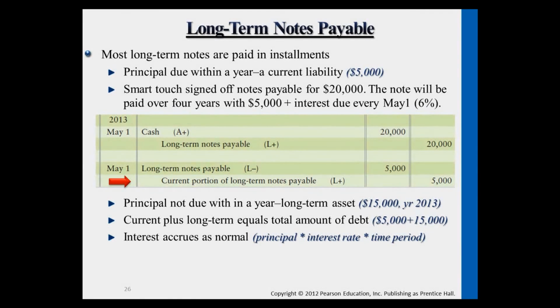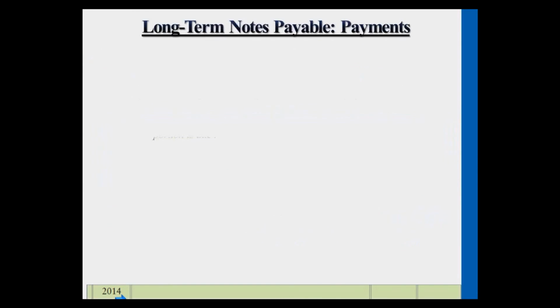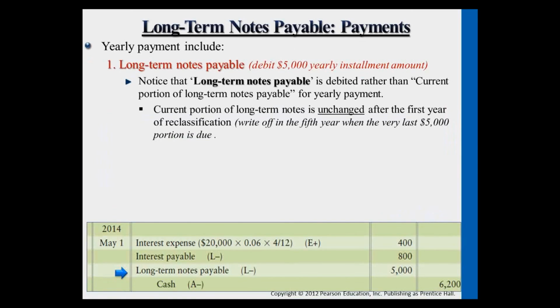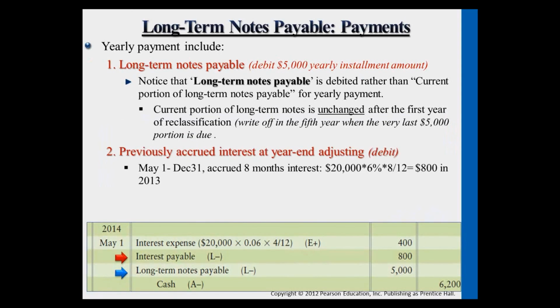When it comes to this year end, we also need to accrue the interest on this note, which is the 8 months of interest, applying 6% yearly interest rate, multiply 8 months over 12. Okay, so the journal entry that we're recording here is $800. All right, assuming that you already know this from Chapter 10.